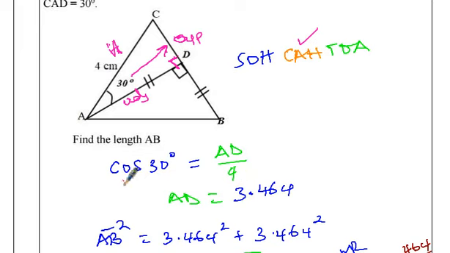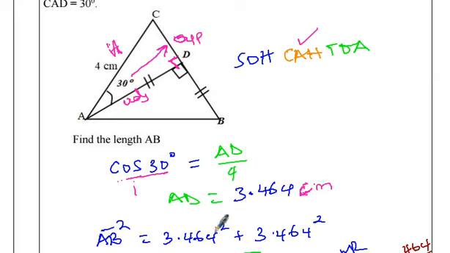Since this is out of 1, when we cross multiply on your calculator, you can simply say 4 times cosine of this. On your calculator you will be able to see this, and I'm writing my answer to 3 decimal places. It is always nice to give your answer to 3 decimal places. Let me put the units, because I've been given units in centimeters.